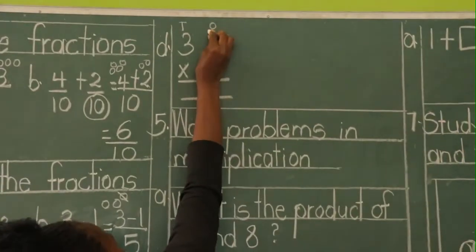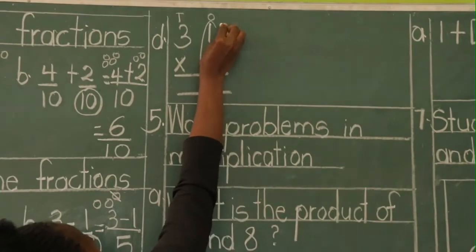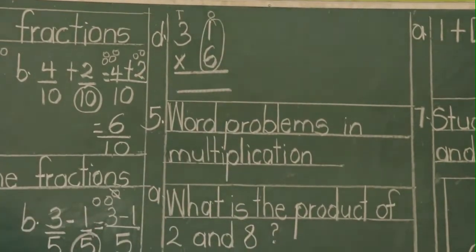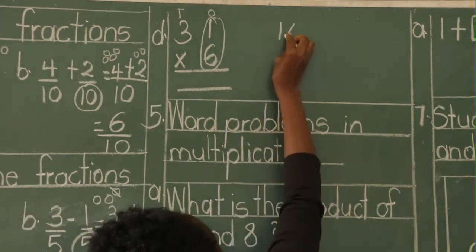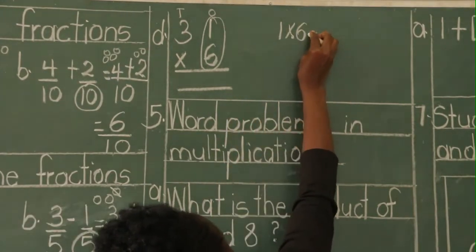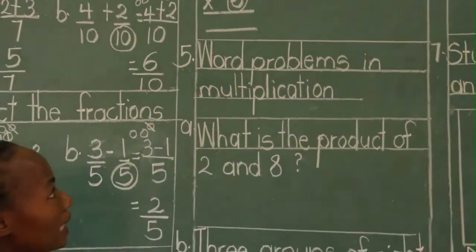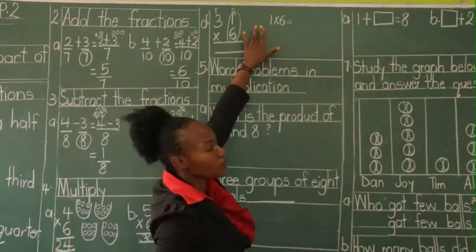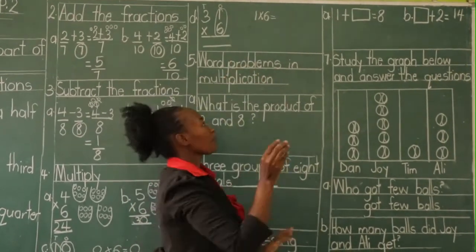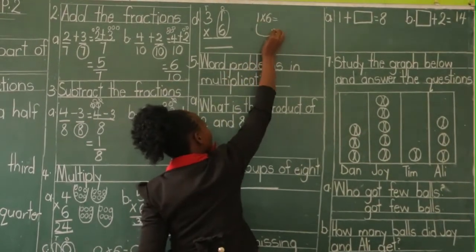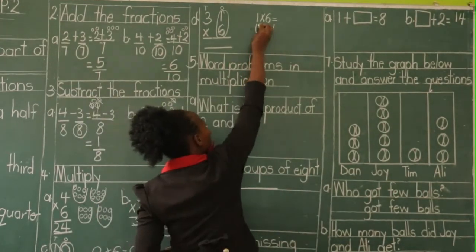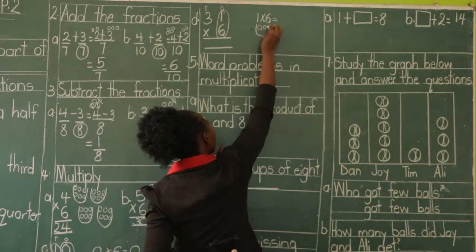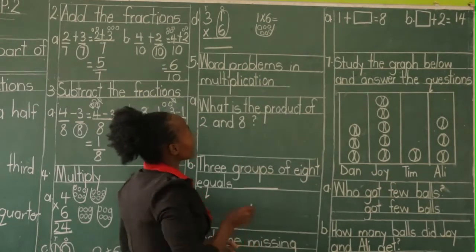After putting them in the sack, I write them aside. 1 times 6, and the first number is for the groups. Here it means we are going to form one group. I form my one group of 6 items: 1, 2, 3, 4, 5, 6. Our answer there is going to be 6.